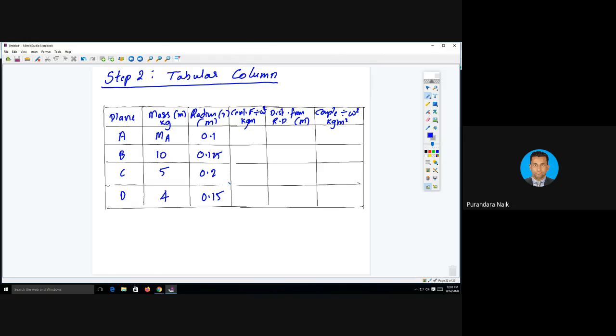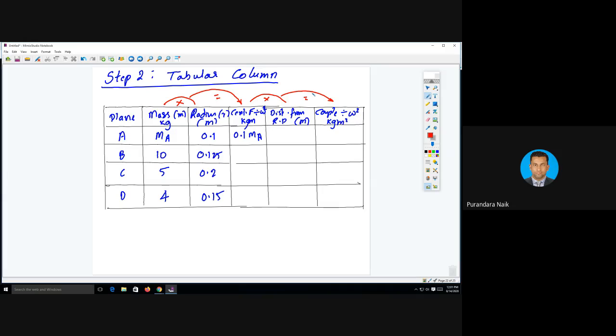Next, if you consider the centrifugal force, here this is 0.1 MA. You need to multiply the mass with the radius to get this answer. If you multiply this with this, we'll get the answer for the couple.